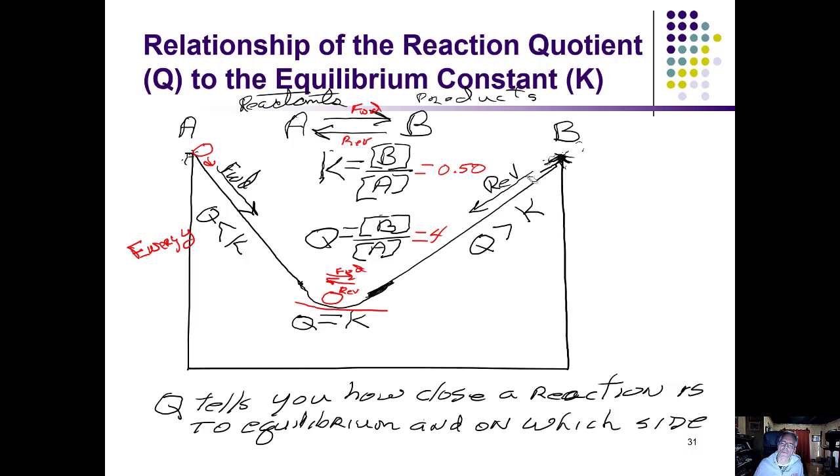So we need to run the reaction in the reverse direction in order to get to the equilibrium constant of 0.5. Okay, this concentration needs to come down. This concentration needs to come up. The reversal of the equilibrium reaction.